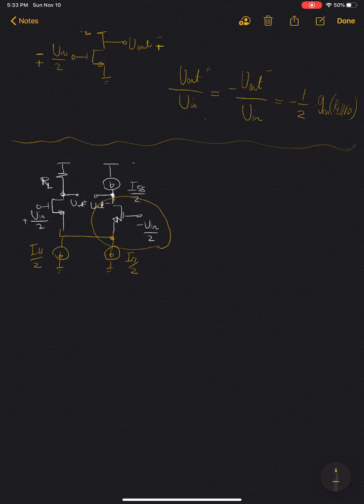So here, because we have ISS/2 coming in, ISS/2 going out, the current going outside of this cut set, let's call it I1, is 0. And I1 equal to 0 holds for DC current as well as AC.